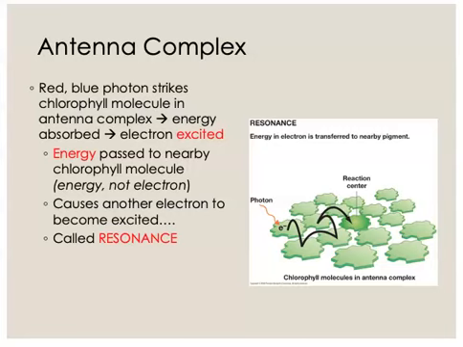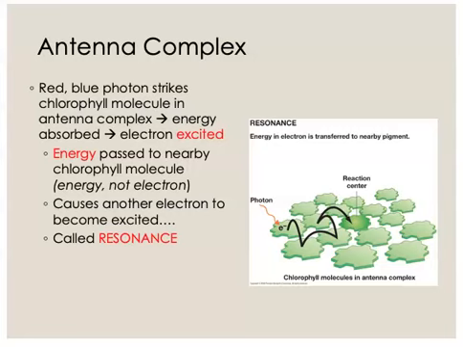Let's talk about the antenna complex first. When photons strike the chlorophyll in the antenna complex, and remember, we're going to focus on red and blue photons here, the energy from the light will be absorbed, and the electrons in the chlorophyll molecules will be excited from the 0 state to the 1 and then to the 2.